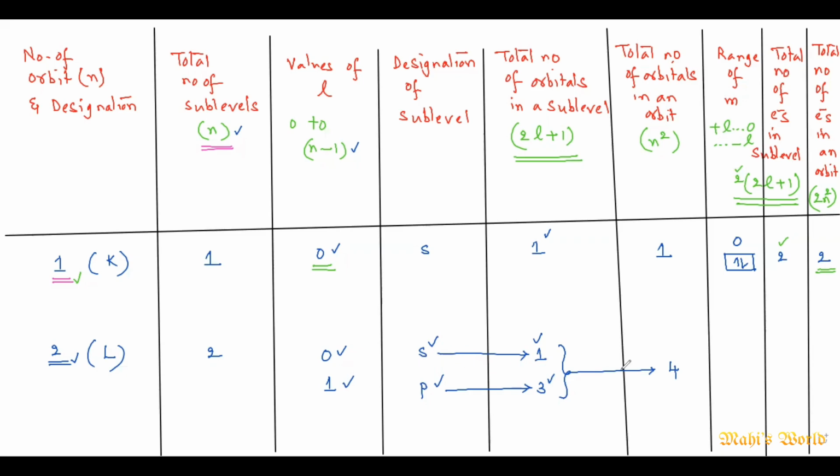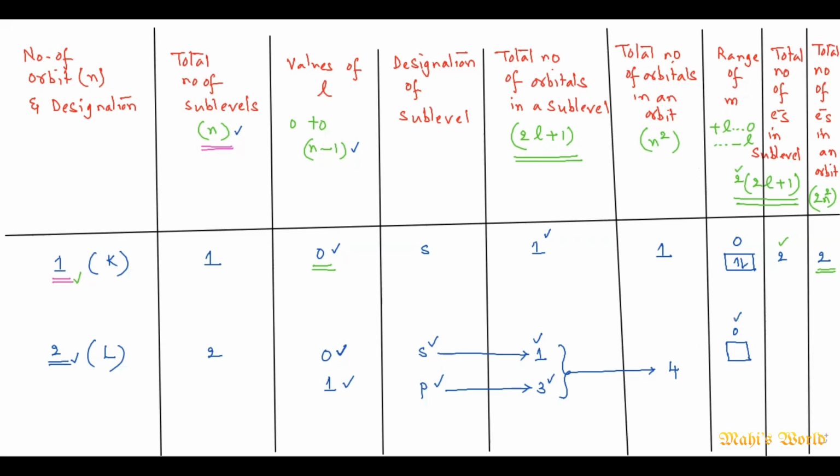Let me show you this way also. Coming to this, S, of course, is this. S sublevel will have only one orbital. For that, the value of L can be seen, it is 0. So I take M from plus L via 0 to minus L. So the value of M is what I'm writing here.